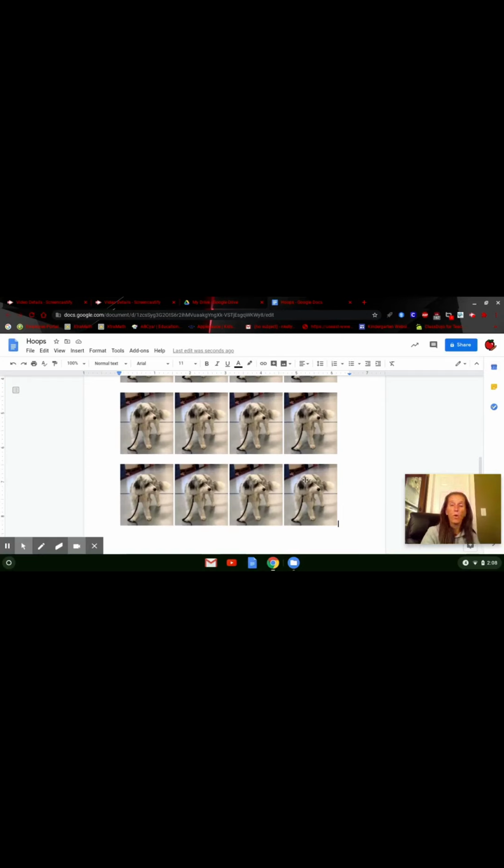So there are 4 rows. So remember that first number is how many rows. So 4. Now I'm going to times it by how many pictures of Boomer per row. It's 4 times 4 equals, and if I did 4 times 4, it's actually the same thing as saying 4 plus 4 plus 4 plus 4.